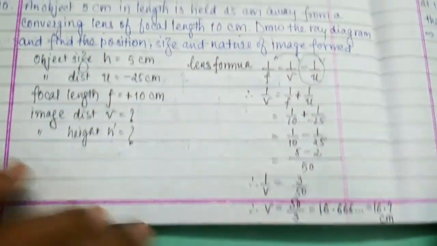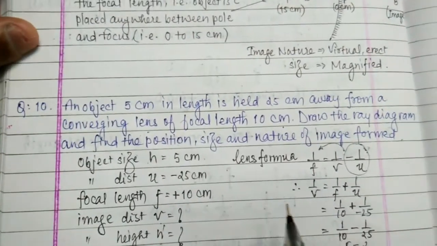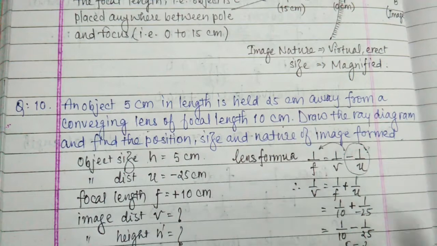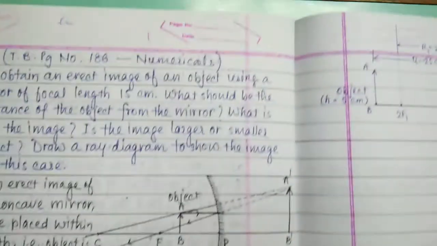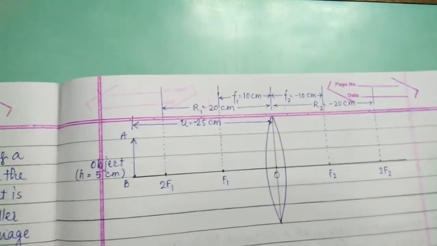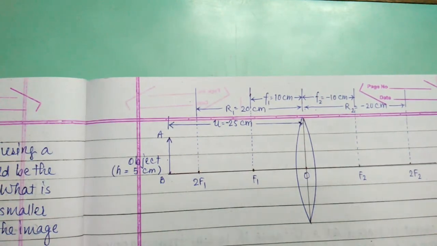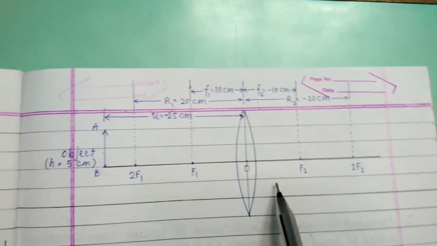Now draw the ray diagram and find the position, size. So we have already the rough incomplete diagram drawn here.